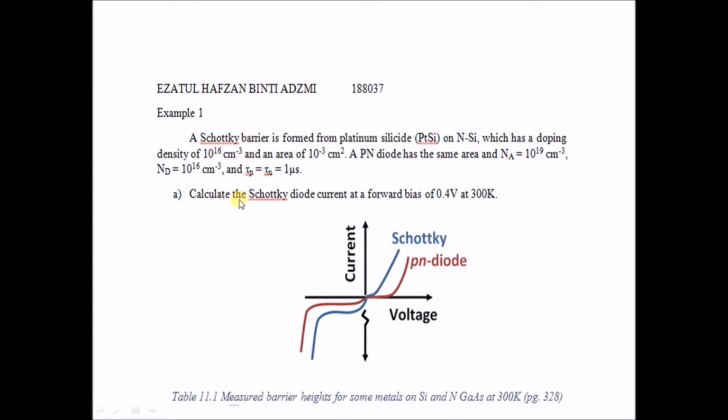The first question asks to calculate the Schottky diode current at a forward bias of 0.4 volt at 300 K, which is the forward bias current here for the Schottky.